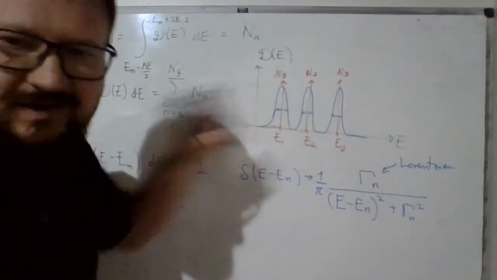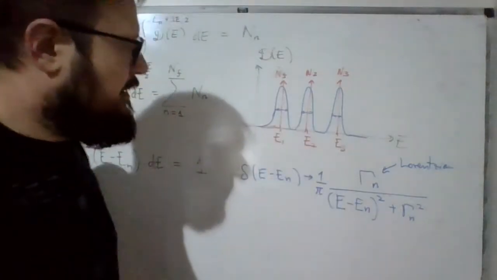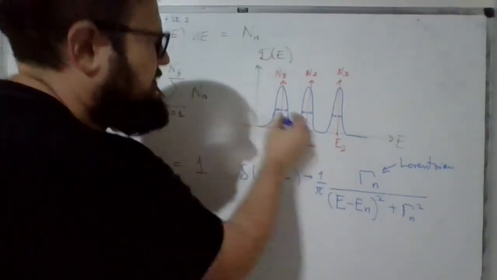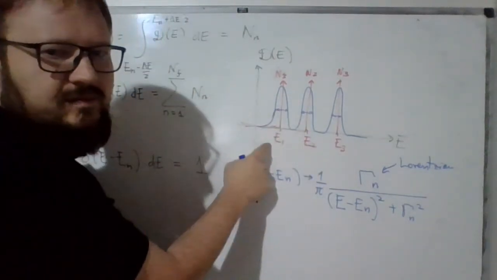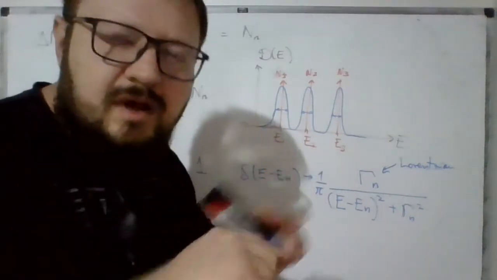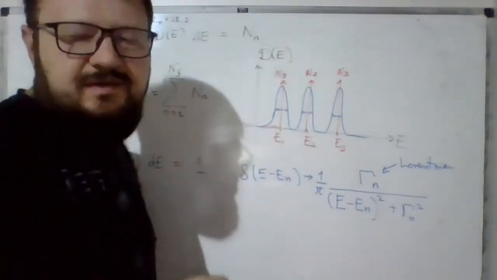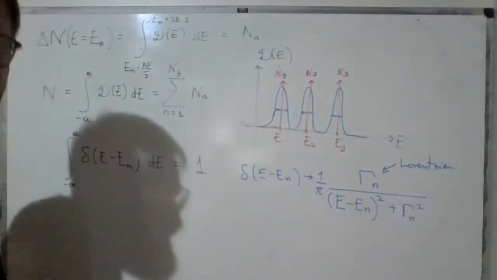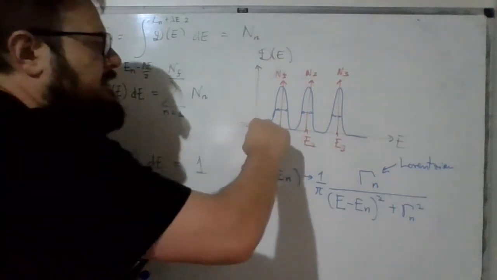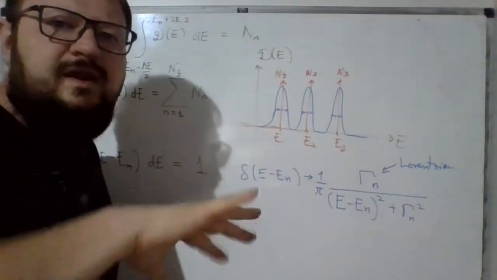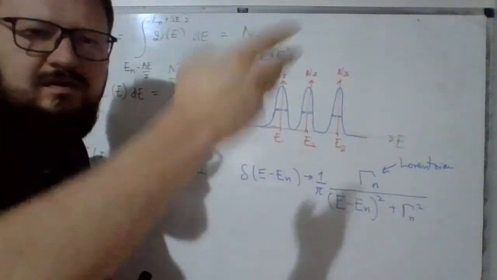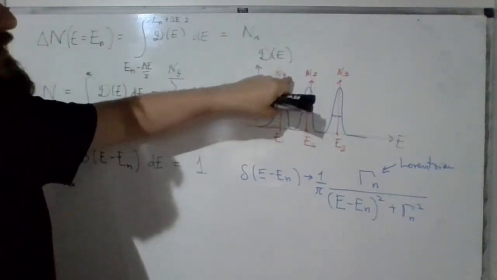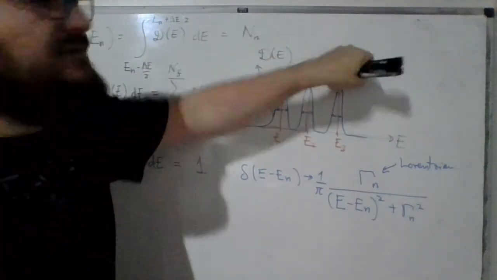Okay, but in practice, the Dirac deltas are replaced by some very tiny width around the given possible energy, but it is not exactly a Dirac delta. You have a width around an allowed energy state. So you have more smoothly distributed possible allowed states, even in the ideal case where you have discrete levels.